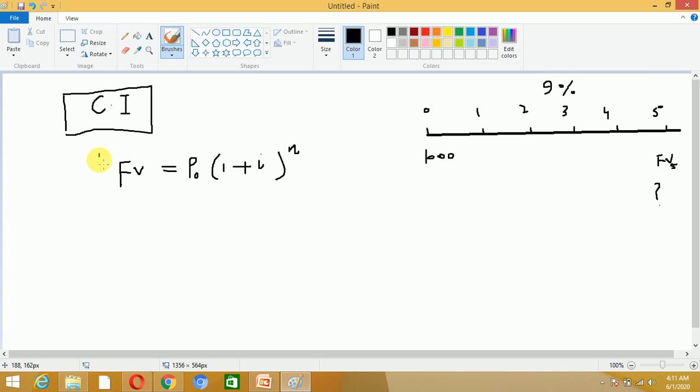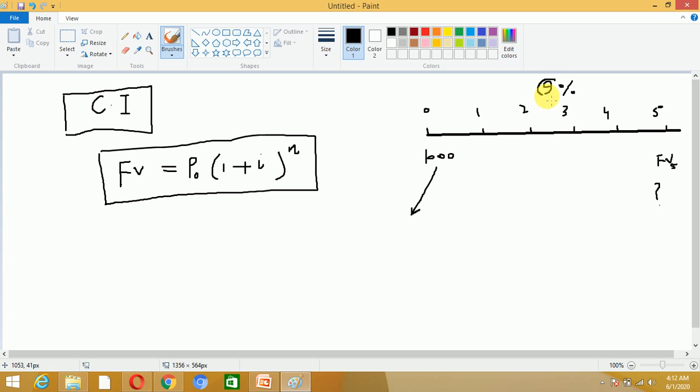This is the formula for calculating compound interest. And you people know what compound interest is. I told you. This is 1000. You deposit it for 5 years. Now on 1000 you will get interest, and you will also get interest on the interest that you are earning.